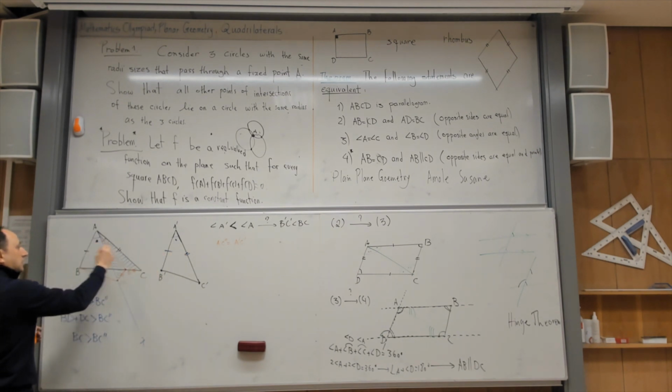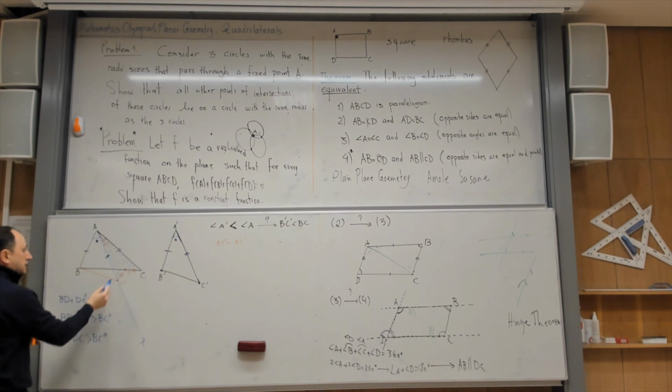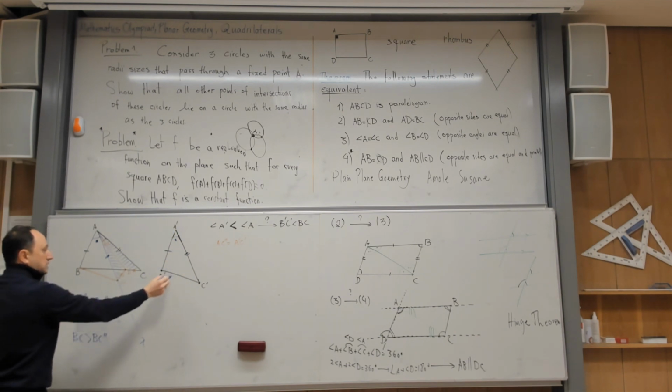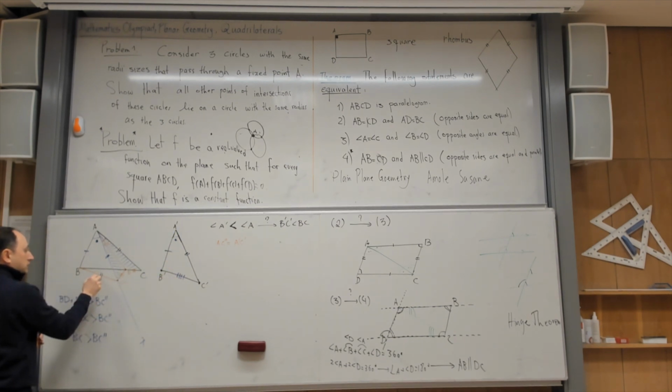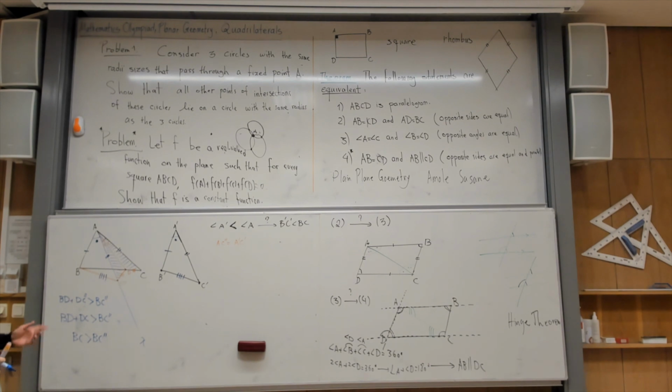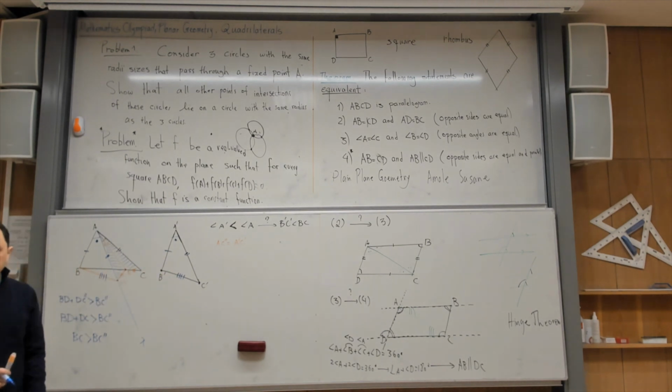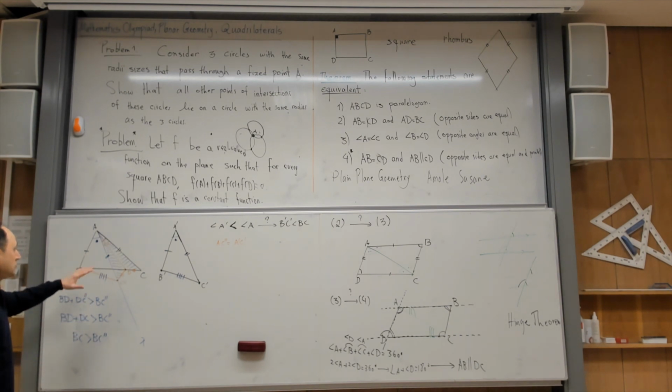And this one, I chose it equal to this one myself. So now this triangle that you see here is congruent by my construction to this triangle. So this one is equal to that one. And when I showed that BC is larger than BC double prime, it means BC is also larger than B prime C prime.